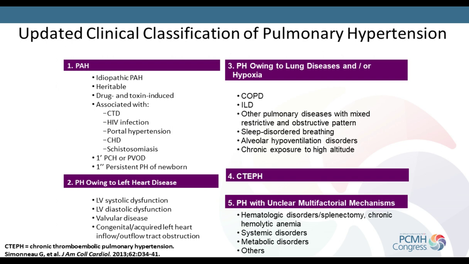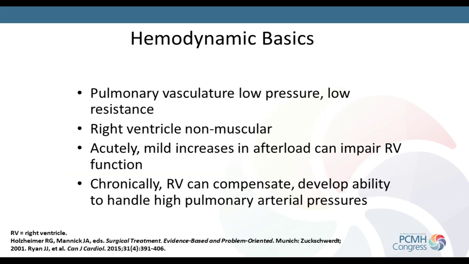And then a number of other systemic diseases like autoimmune diseases, like connective tissue disease, HIV, and you can see the list there, that can seem to cause pulmonary hypertension. But group 1, again, this is the group for which we really have developed the therapies. The groups 2 and 3, which again are much more common, are actually somewhat more challenging to treat other than treating the underlying condition. So very basic stuff about what we're talking about here.